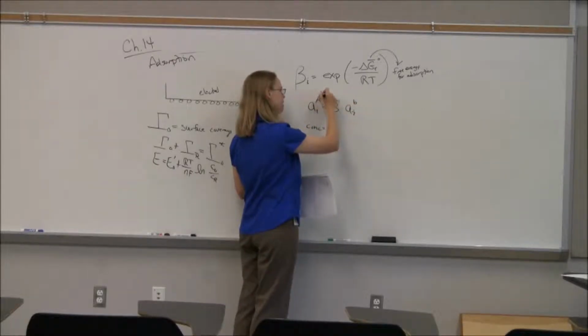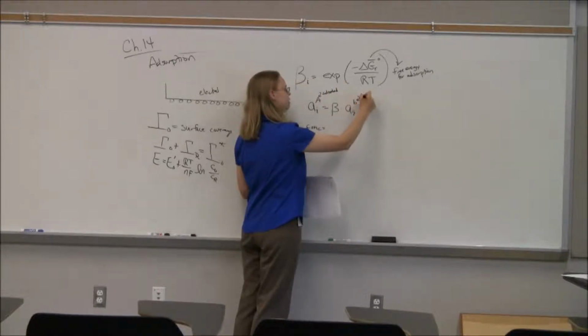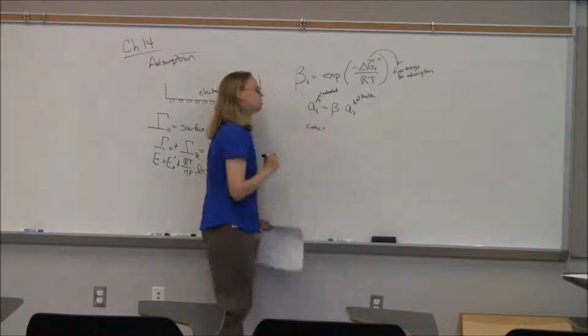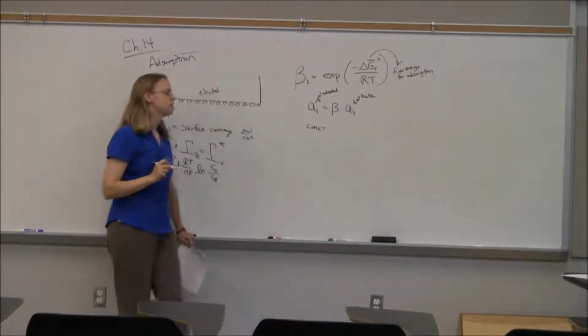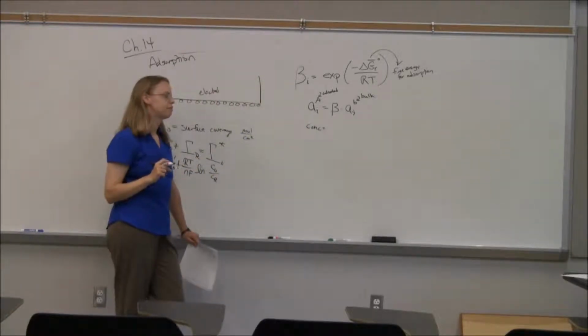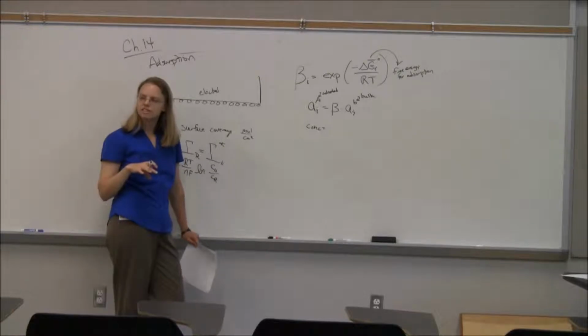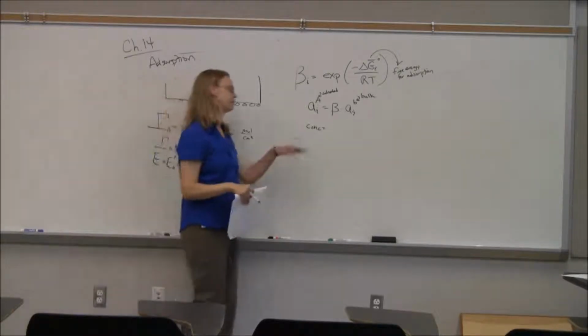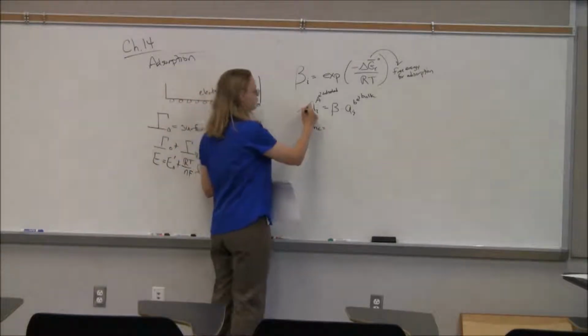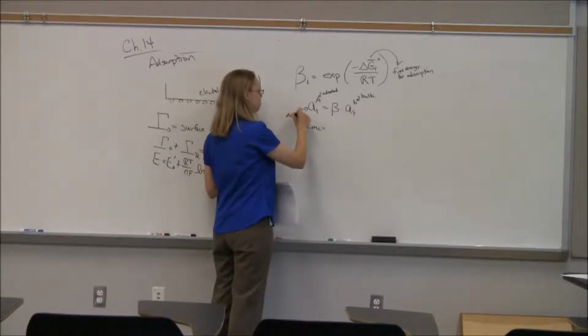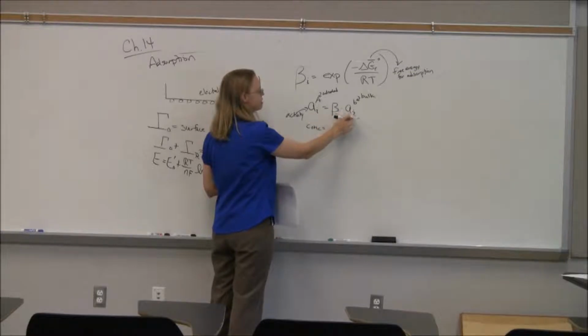So this big A is supposed to mean adsorbed, and this B is in the bulk. So that gets us these back and forth between concentration adsorbed, the book says it in activities, whatever. Concentration adsorbed is equal to this beta constant times that.